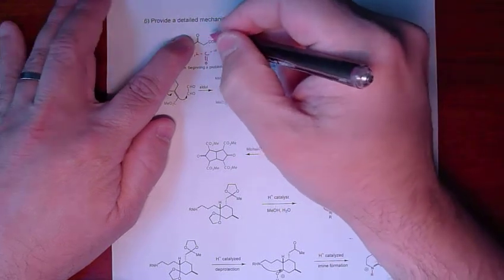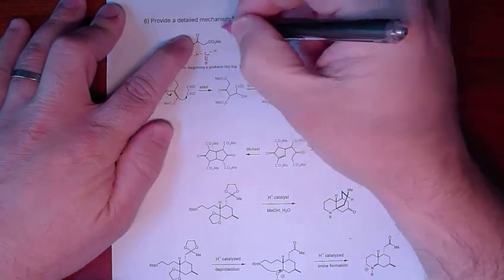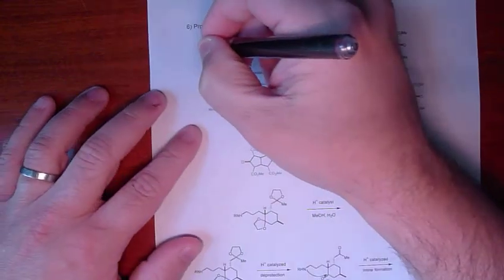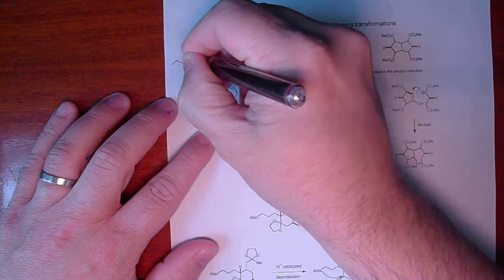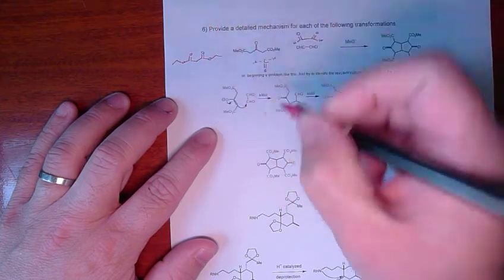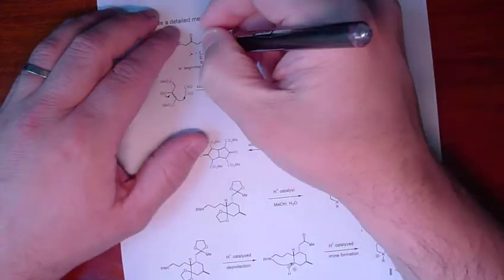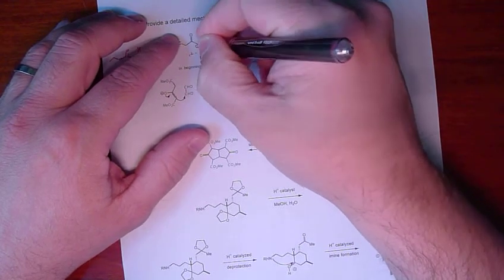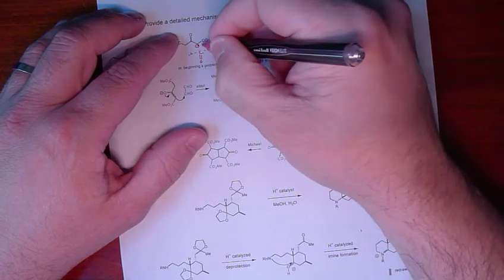And so what you should compare this to is the diethyl malonate chemistry that we've talked so much about. So diethyl malonate looks like this, and you have a position that's very acidic. And so it's the exact same thing here. This is very acidic. And then this, hopefully you can recognize as a very good electrophile.